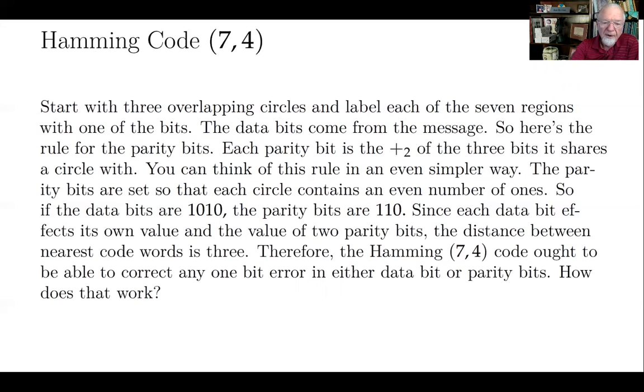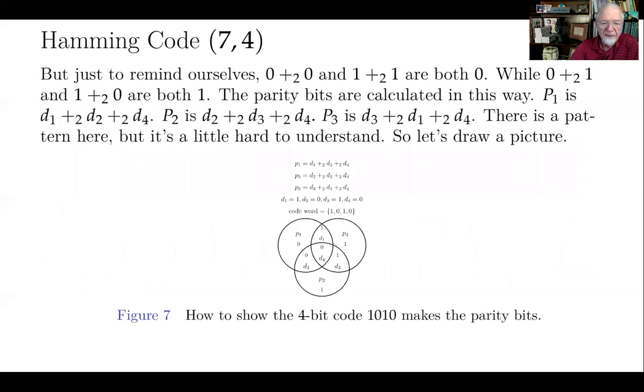So the rules for the parity bits are to use the modulo 2 plus operator of the 3 bits it shares a circle with. So P1 has D1, D2, and D4. P2 has D2, D4, D3. And P3 has D1, D4, and D3.